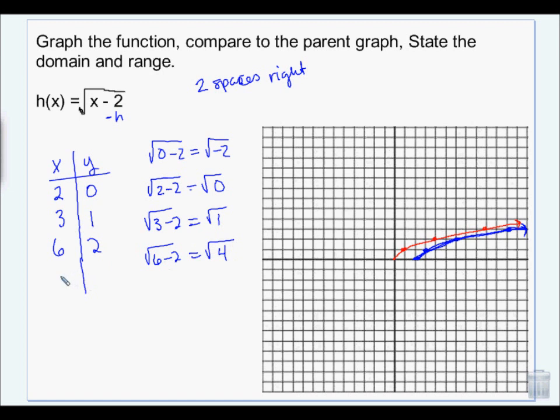And then 11 to get the square root of 9. Okay, so at this point, when you have something happening to the x underneath the radical, you need to do a little bit of planning to make sure that that gives you a perfect square. Nobody wants to plot decimals and all that annoyance, right?